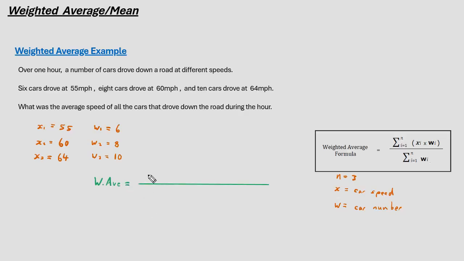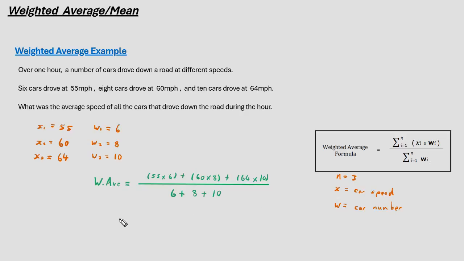So on the top line we have x1 multiplied by our w1, 55 times 6, plus 60 multiplied by 8, plus 64 multiplied by its weighting of 10. And the weightings added together below: 6 plus 8 plus 10.